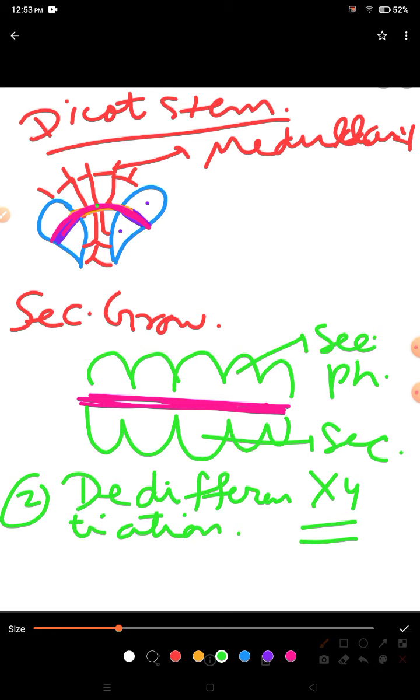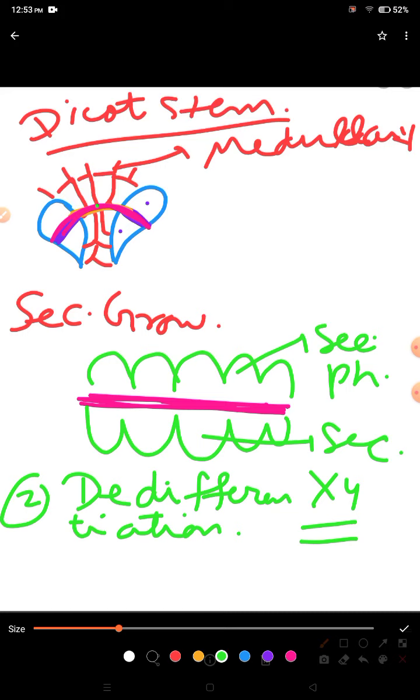So at the time of secondary growth, parenchyma cells regain the power to divide, become meristematic, and start cutting cells: on the outer side secondary phloem in case of dicot stem, and towards the inner side secondary xylem cells are produced. They regain their lost power of division, become meristematic.